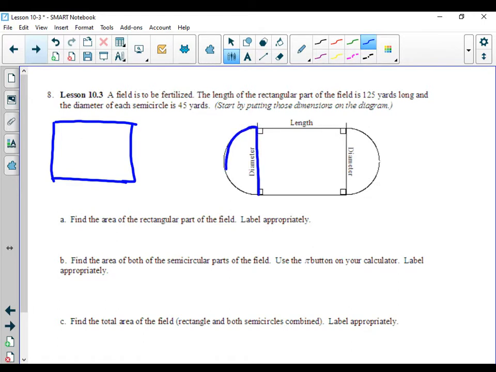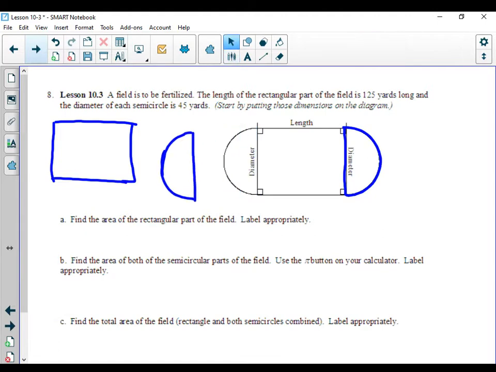So if I have a half circle over here and a half circle over here, could be the same thing. Like 1 circle. What? I didn't see that coming, did you? No. Craziness. So I really have a rectangle and a full circle, right?